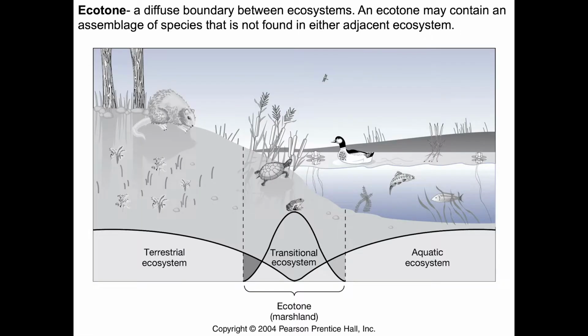An ecotone is a diffuse boundary between ecosystems. An ecotone may contain an assemblage of species that is not found in either adjacent ecosystem. So here we have a terrestrial ecosystem. This might be, say, the area next to the medical building, the children's hospital, where we see lots of ground squirrels.